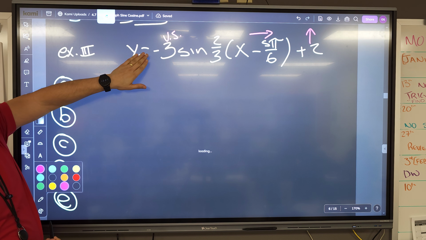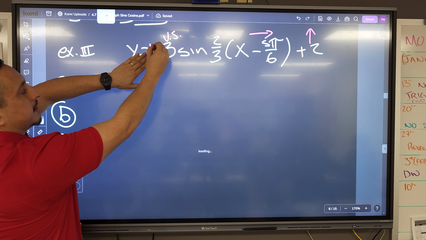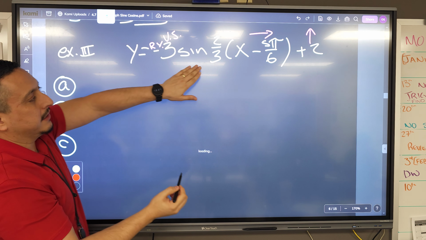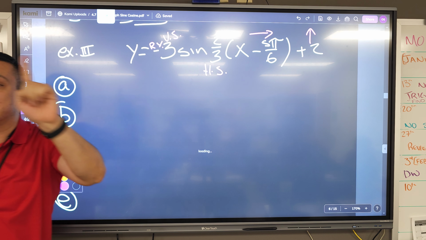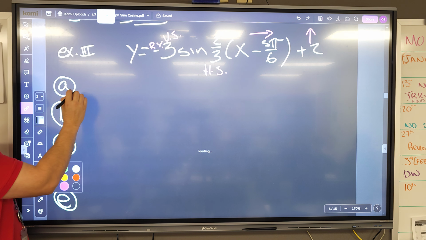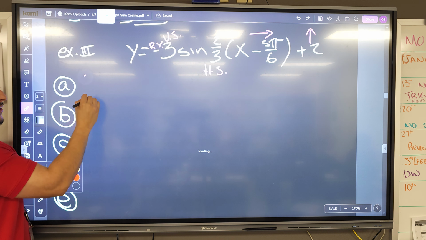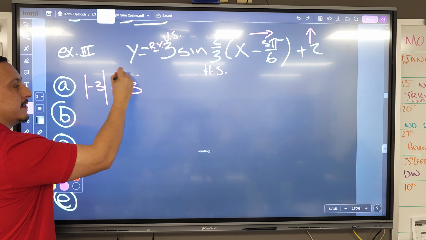The negative, just the negative, like x, and then a horizontal stretch, because it is less than 1. Amplitude is 3, because it converts that negative into a positive.